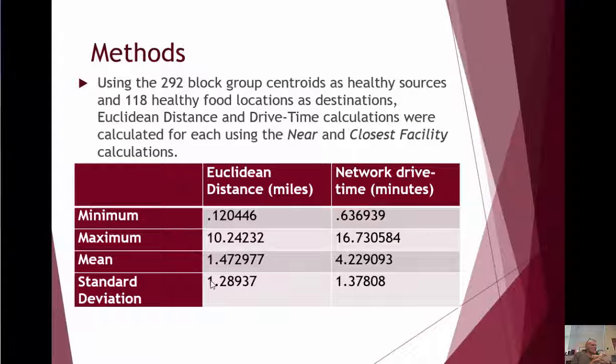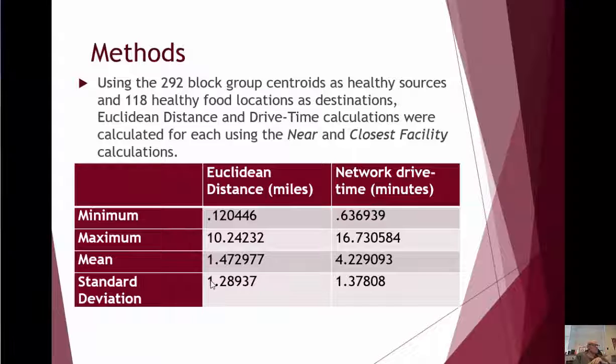Now, some of the methods we used, we have almost 300 block groups in Guilford County. We have 118 healthy source locations. Like I said before, we can calculate these from your house, your neighbor's house, but in this particular case, we just calculated these from the block group centroids, literally the middle.